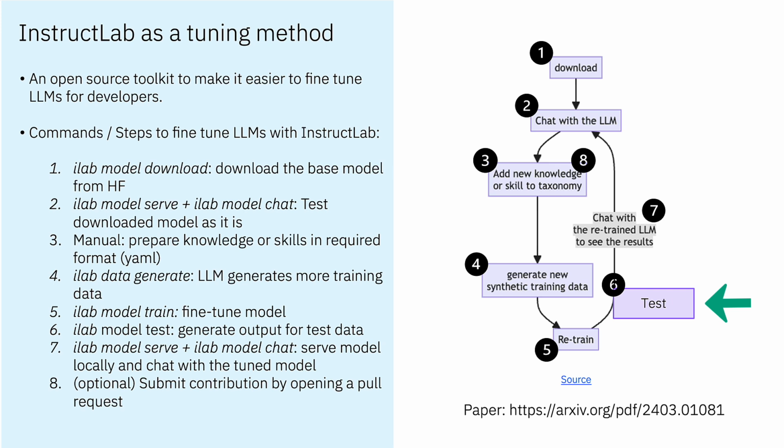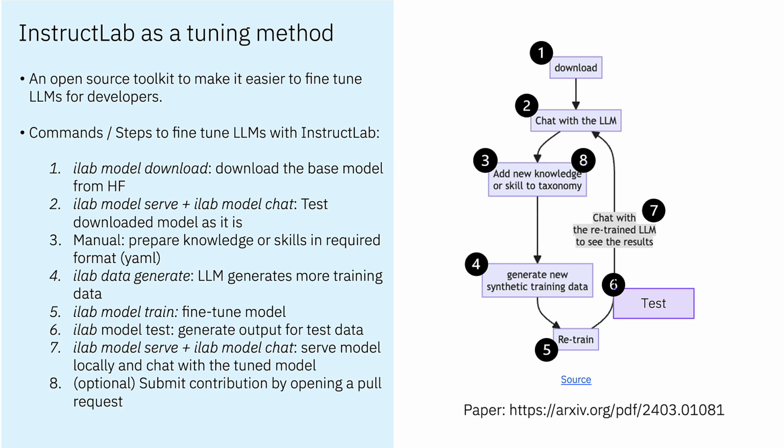Step 6, you will run the Instructlab test, which prompts the tuned model to generate output for the test data. That is the time you will get a chance to see output from the model before and after the tuning process. And finally, you can interact with the retrained model to further evaluate the results.